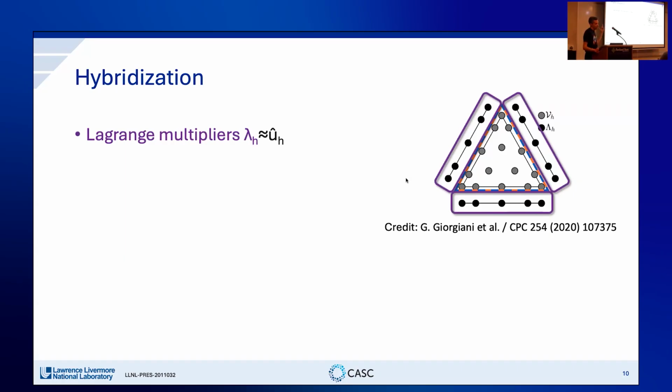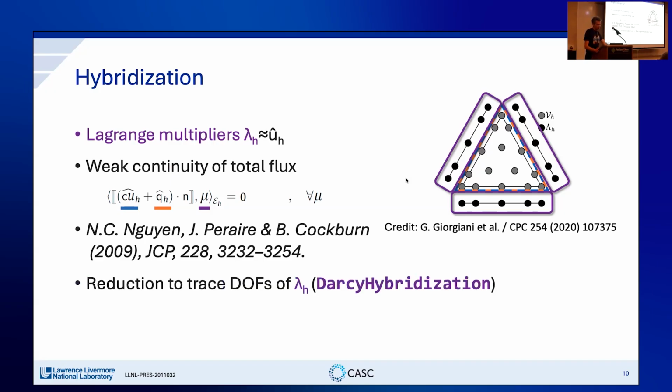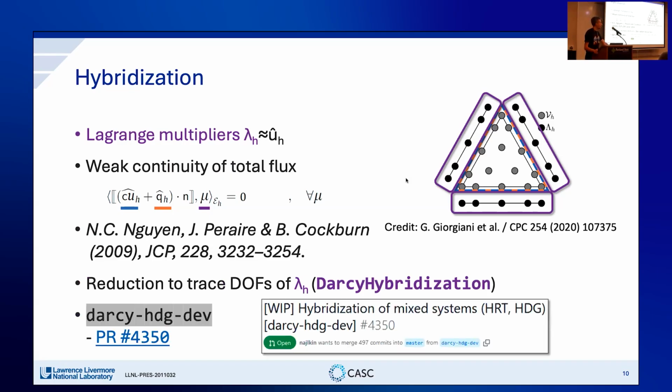So we may actually introduce some Lagrange multipliers, which live only on the skeleton of the mesh and weakly enforce continuity of the total flux, as described in this foundational paper. And after that, we can reduce the whole system to just a global system for the traces. So this is the main content of this development branch and that associated PR.